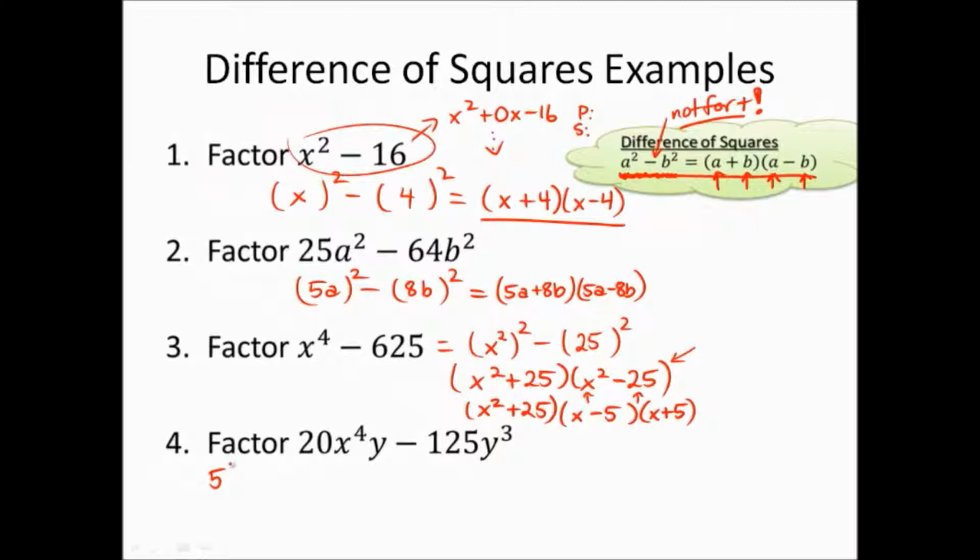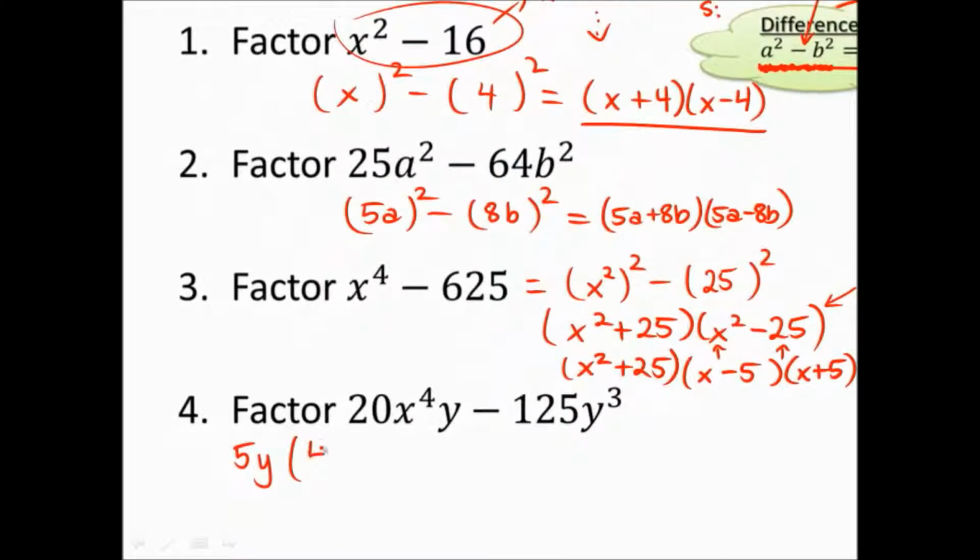Let's take out a 5, and we cannot take out any x's, but we can take out a y. And then we're left with 4x to the 4 minus 125 divided by 5 gives us 25. Oh, look, those are now perfect squares. And we're left with a y squared.